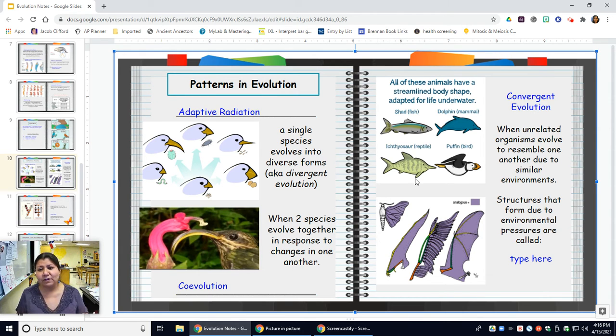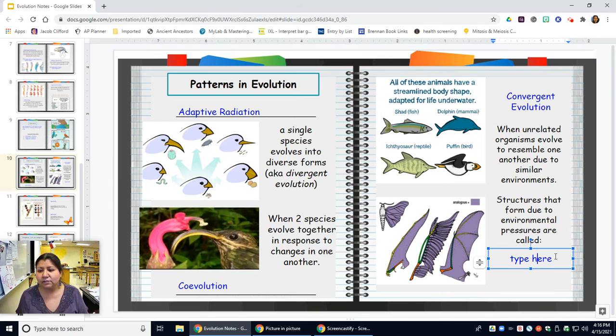And if you don't believe an ichthyosaur, because it's fossilized and we don't know what they looked like, think of a crocodile. All of these animals have a light colored underbelly and a dark colored top. That's because they're in an aquatic environment. If you're looking from above, it's harder to see because it's a dark colored top. If you're looking from below, it's harder to see because the sun might be shining.